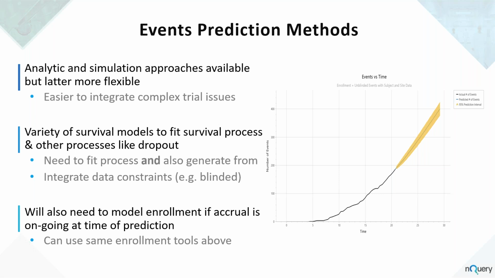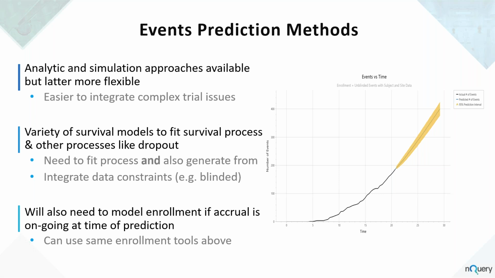And of course, we're dealing with a lot of different constraints here. For example, if we're dealing with survival data, do we treat this as coming from a global process? In the case that we have blinded data, do we treat it as a global process, or, if we have unblinded data, do we know the hazard ratio and the independent hazard rates for each group, and do we model it as such? It'll really depend on what kind of data is available to you. But we can integrate all of those constraints into our modeling.